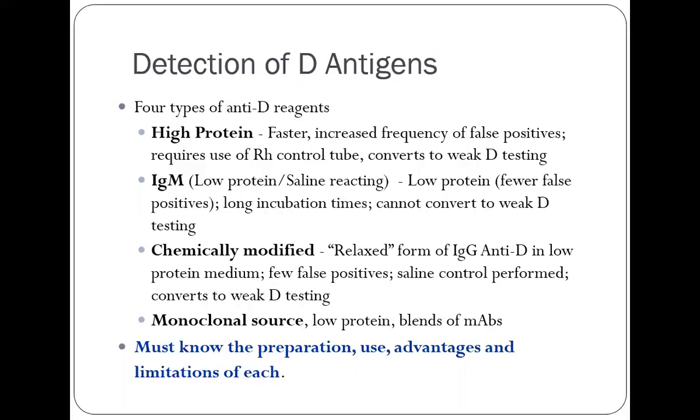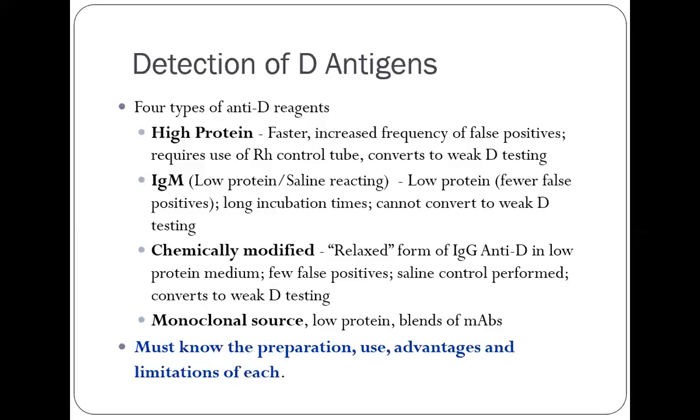And then there's a monoclonal source, which is low protein, so it'll be fewer false positives. And then it's usually you have a blend of different monoclonal antibodies. So specifically in my blood bank, we use monoclonal sources, and they're good, except for the fact that we talked about we know monoclonal antibodies are only directed at one specific sort of epitope.